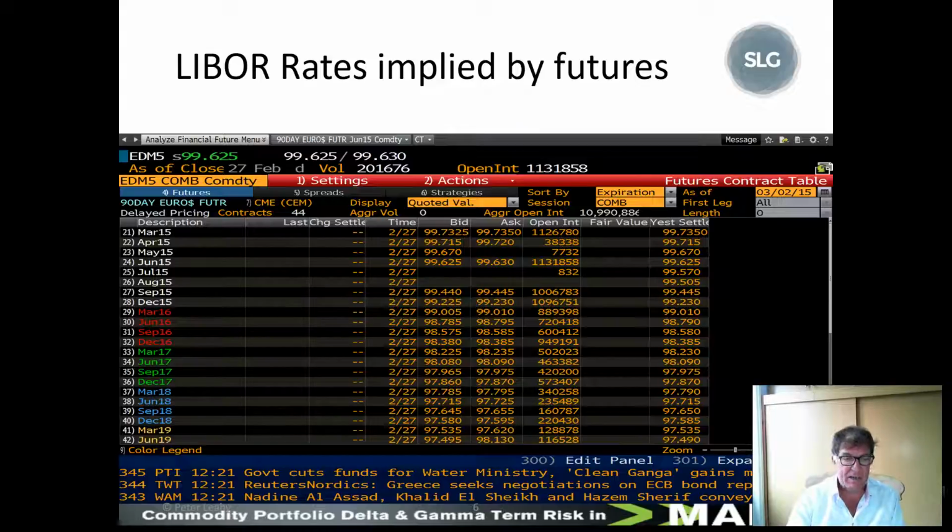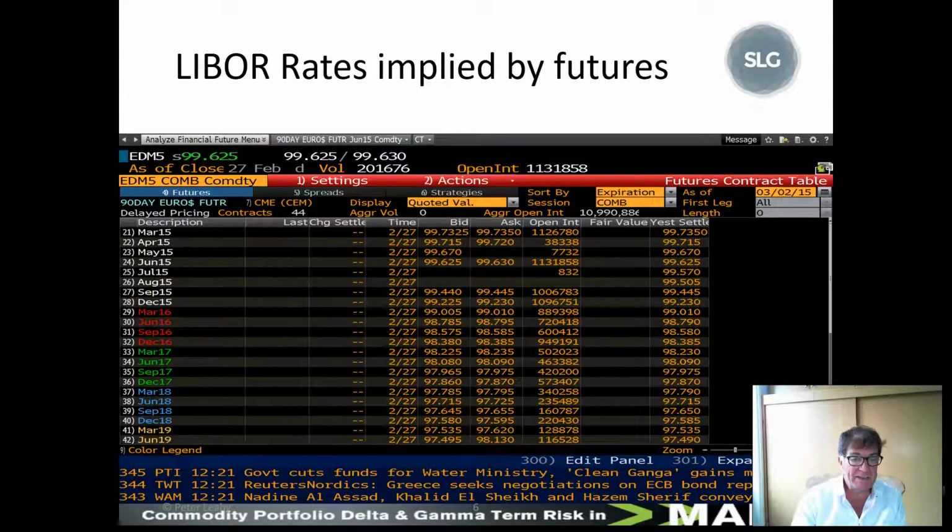I've taken here, just to give an idea of how accessible this kind of information is, the LIBOR futures contracts at a particular moment. As you may well know, these are shown as 100 minus the rate, giving a price. So a price of 98.08 implies a rate of 1.92%, and these are for a 3-month period starting in each of these specified months going into the future.